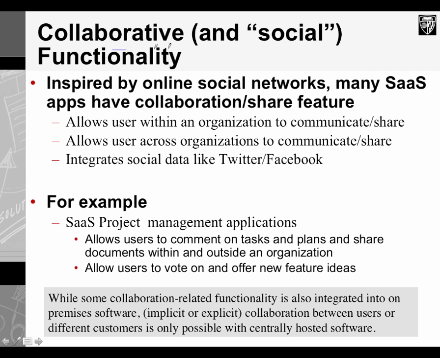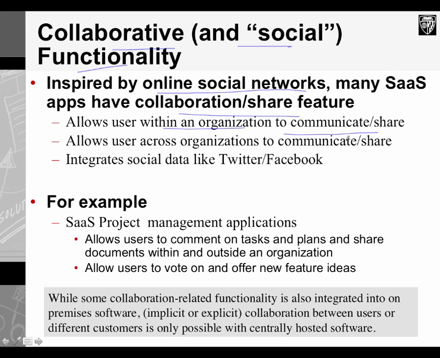Collaborative and social functionality. Inspired by the online social networks like Facebook, Twitter, many organizations, especially SaaS organizations, are adding collaboration and sharing features. These collaboration and sharing features allow the users within an organization to communicate and share.